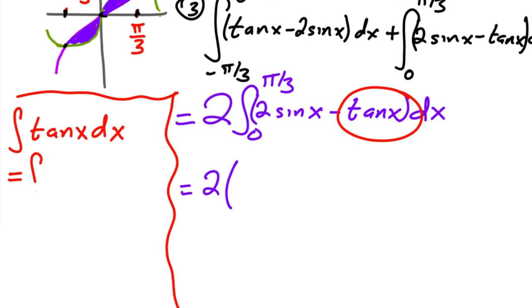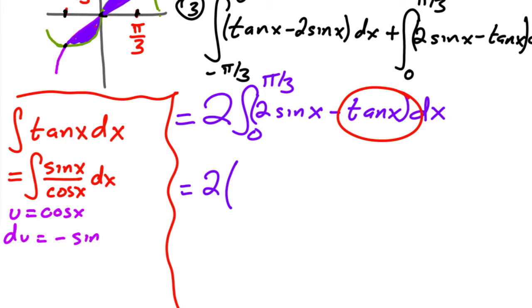So to find this one, actually, you need to turn this into sine over cosine. And then we need to use integration by substitution. So I'll go through this kind of quickly, because this isn't really our focus. But if we let u be cosine of x, then du is negative sine of x dx.